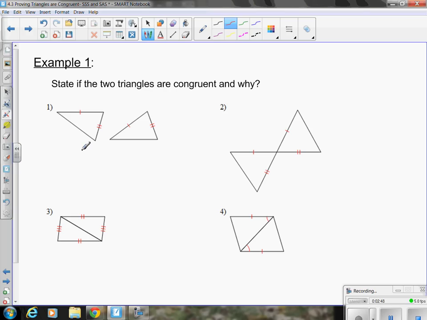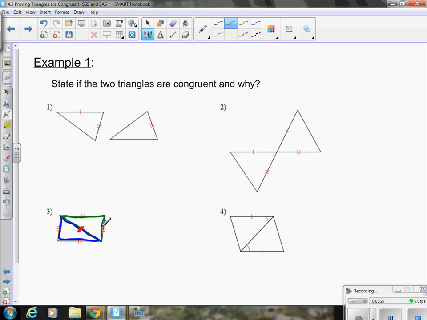And now, if we don't get a whole lot of information on any of these, we might sometimes have to figure something out. Okay, so for example, in number 3, I look at this, I know this side's congruent to this side's congruent to this one. I know my third side, since it's being used once in the green triangle and once in the blue triangle, this side is congruent to itself.